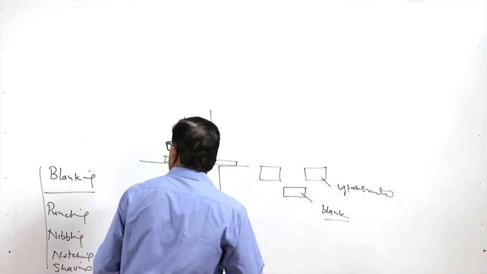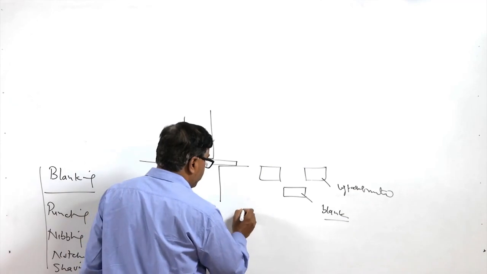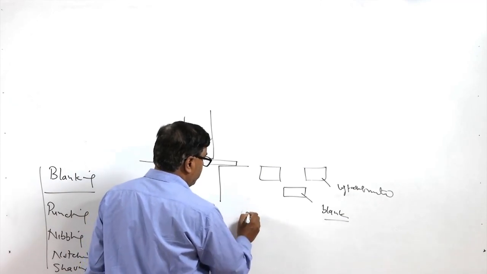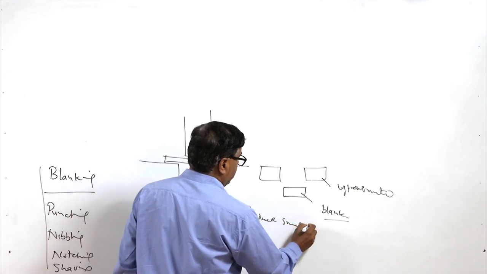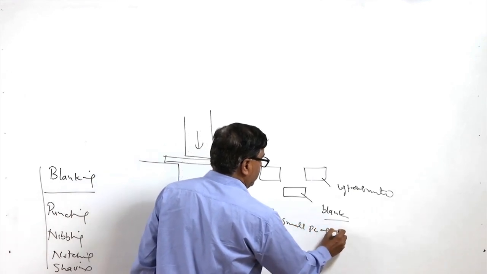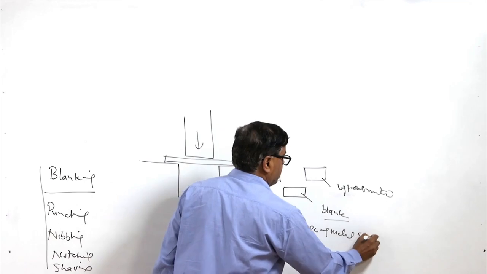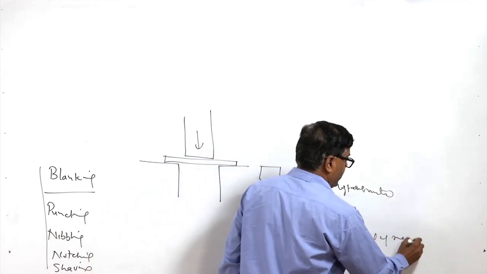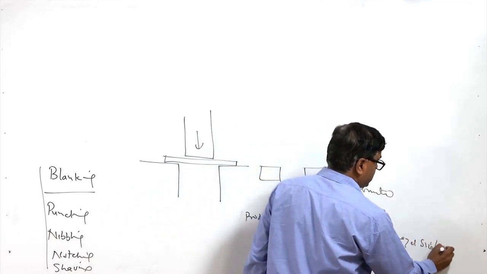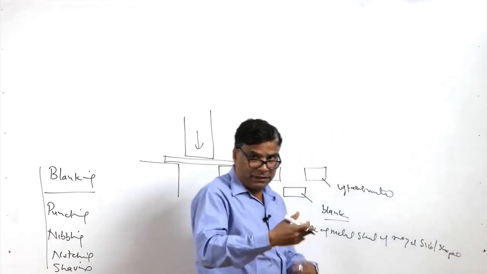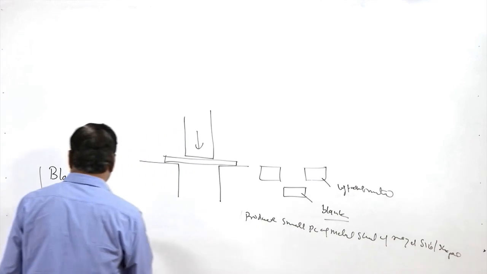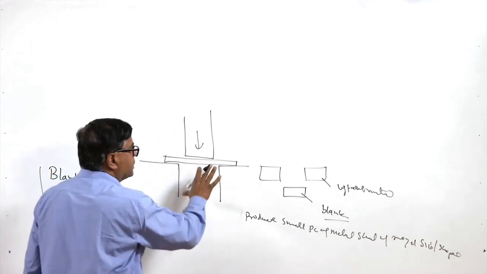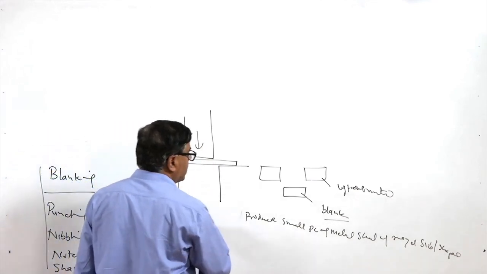So in blanking, the purpose is to produce a small piece of the metal sheet of required size and shape, so that it can be further processed for making any usable good.